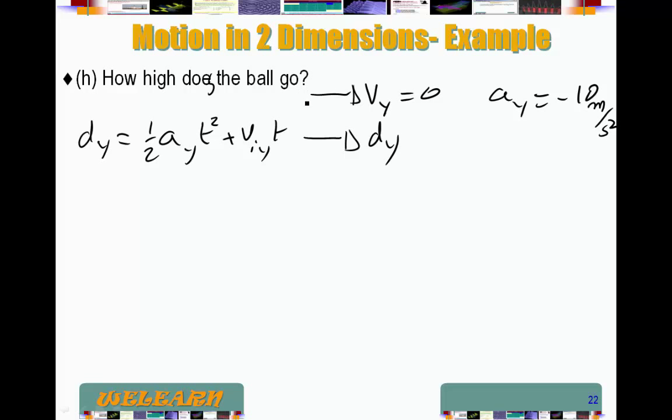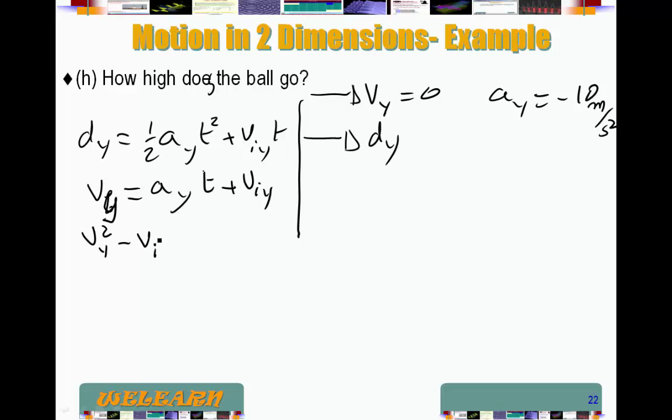That's one equation. V sub y is equal to a sub y t plus vi sub y, and the last equation, v sub y squared minus vi sub y squared is equal to 2 a sub y d sub y.